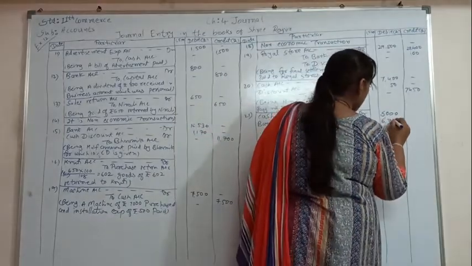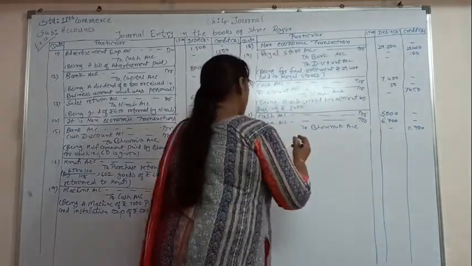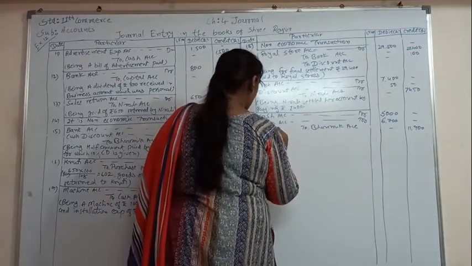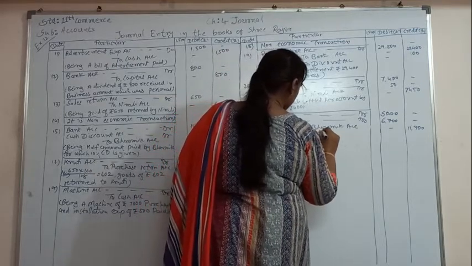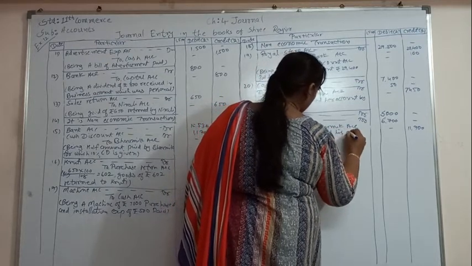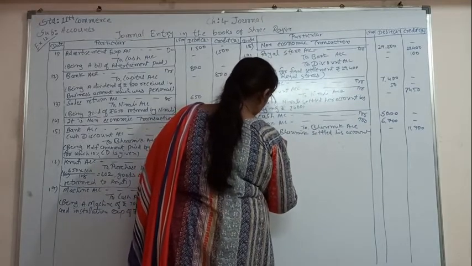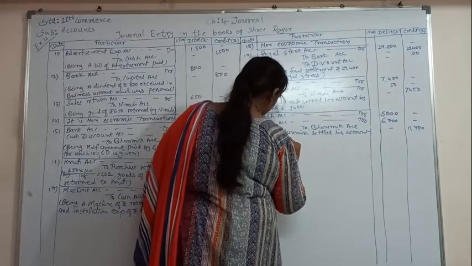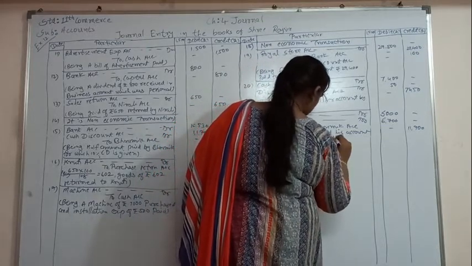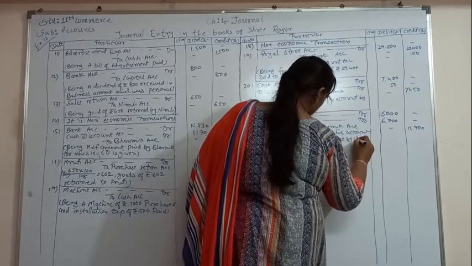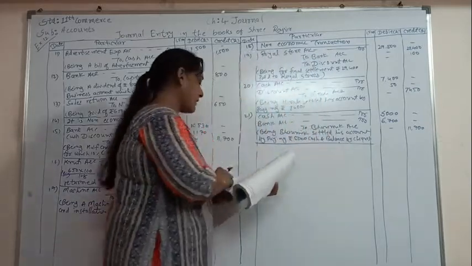So the balance will be 6,700 that he is going to pay by the check. And here being Bhumik settled his account by paying rupees 5,000 cash and balance by check. So that is it. Now let's see the next.